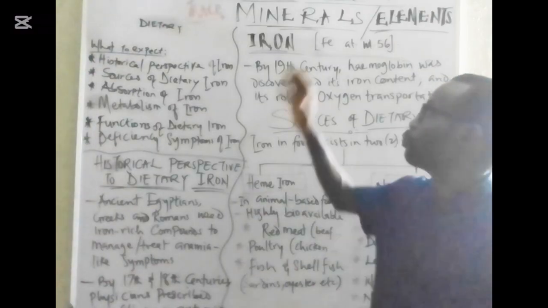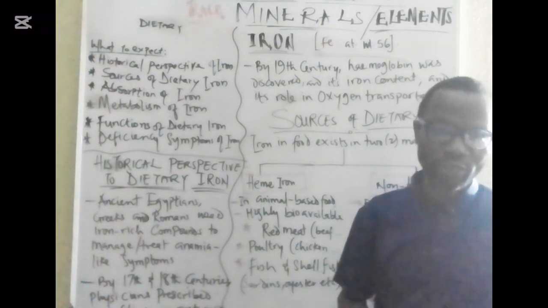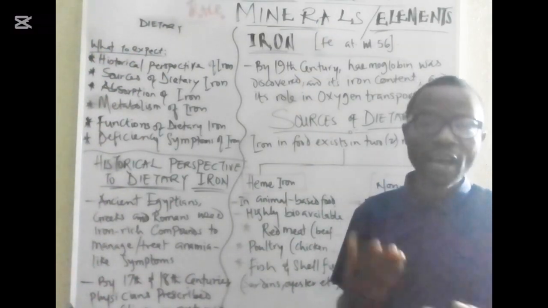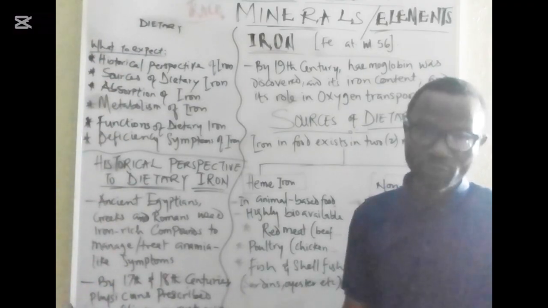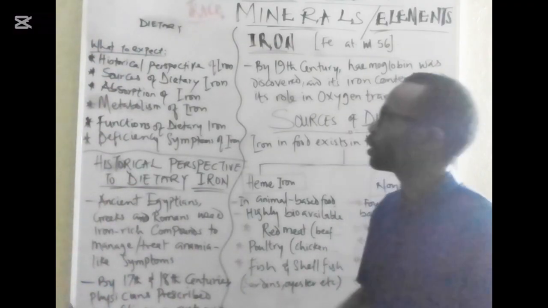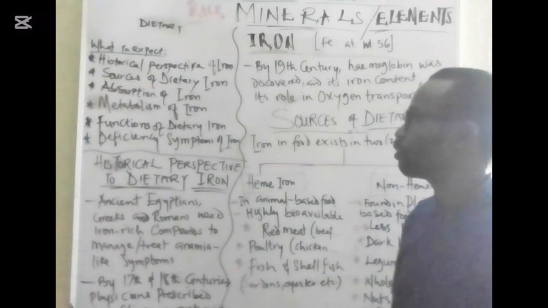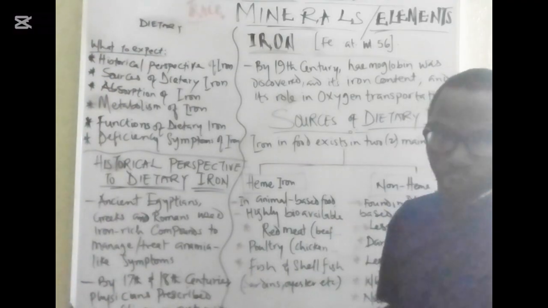So both for animals and for humans. Now remember, we're looking at animal nutrition, in which case we're considering animals. Of course, humans are also animals, right? Good. So we'll look at what we are to expect.